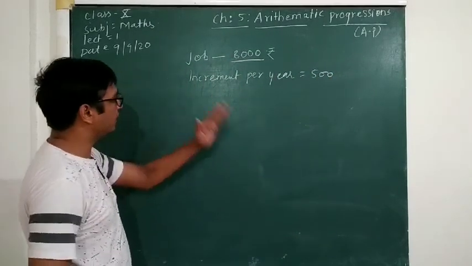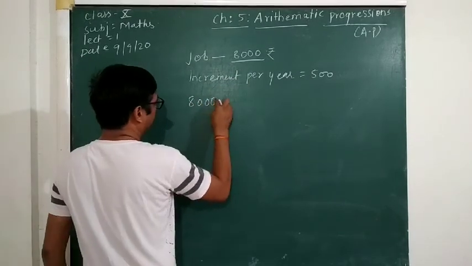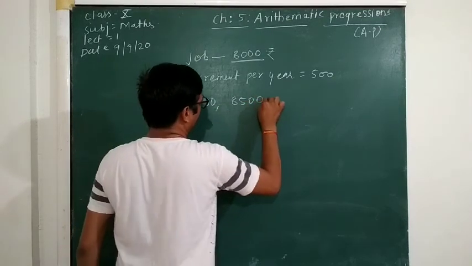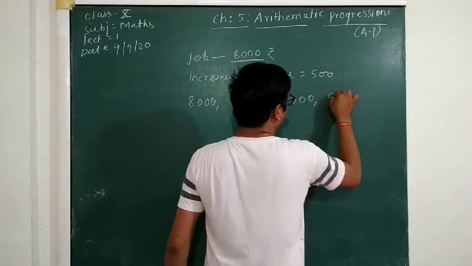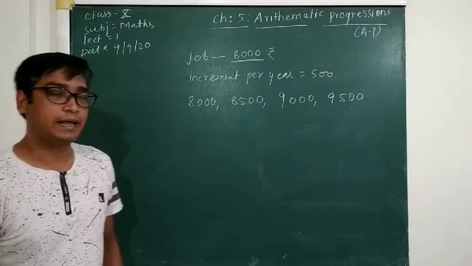So after a regular interval of time, initially his salary was 8,000. The second year his salary will be 8,500. Third year it will be 9,000. Fourth year 9,500 will be his salary.